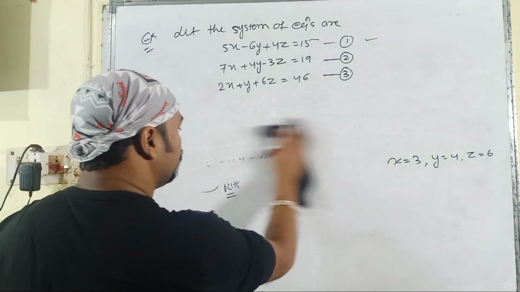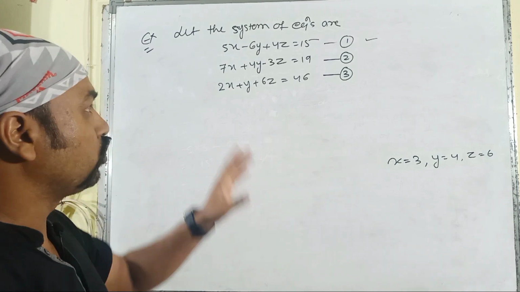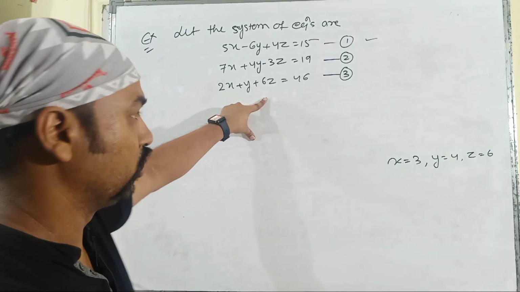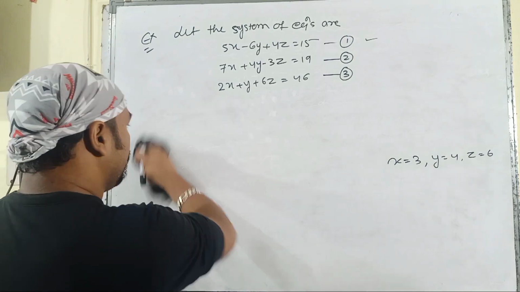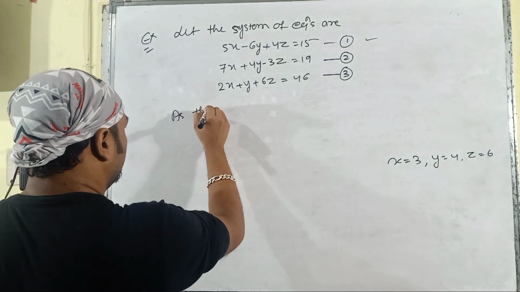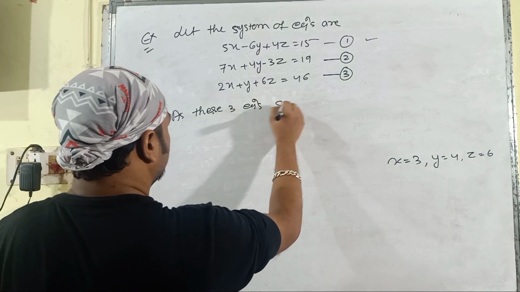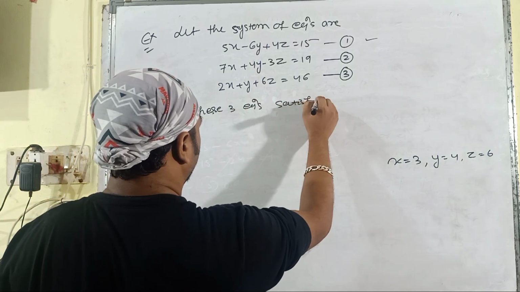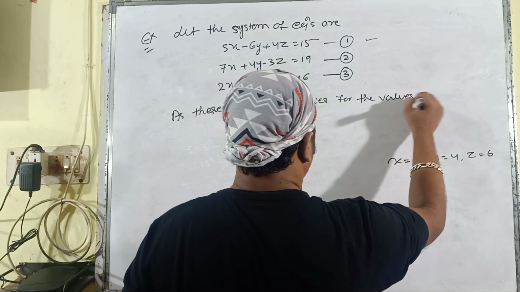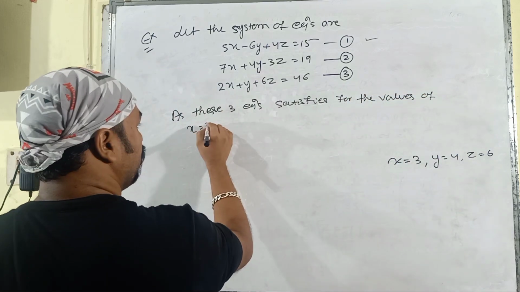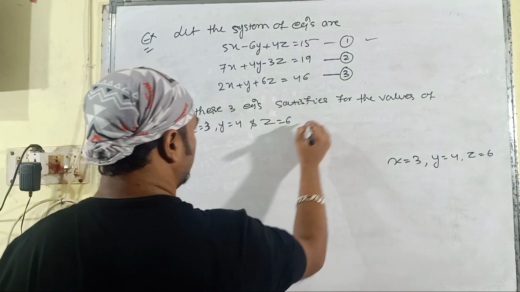So here x is equal to 3, y is equal to 4 and z is equal to 6 are called the solution of the three simultaneous equations. So these three equations are satisfied for the values x is equal to 3, y is equal to 4 and z is equal to 6.